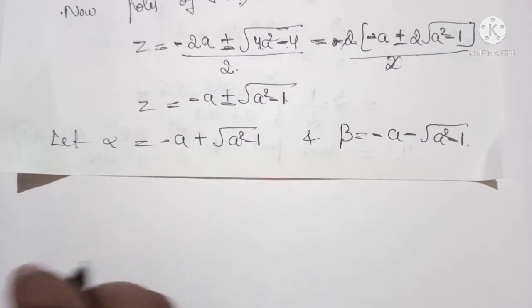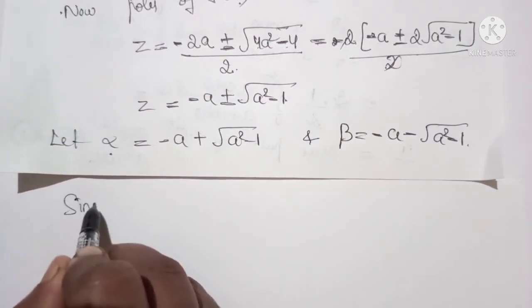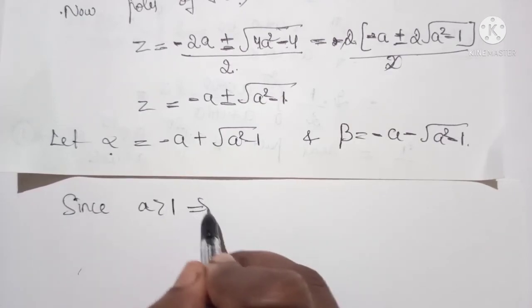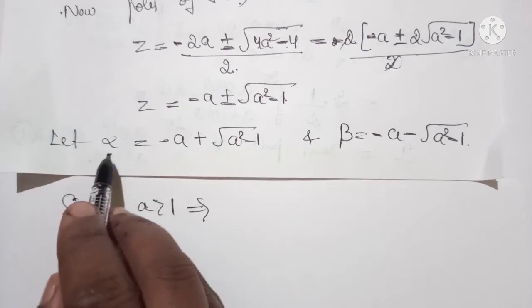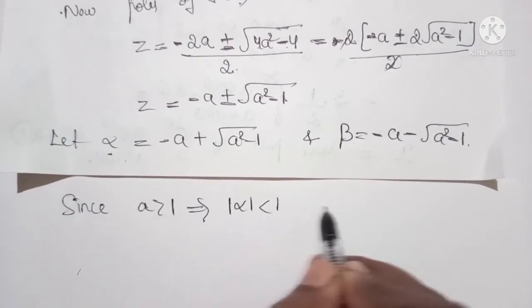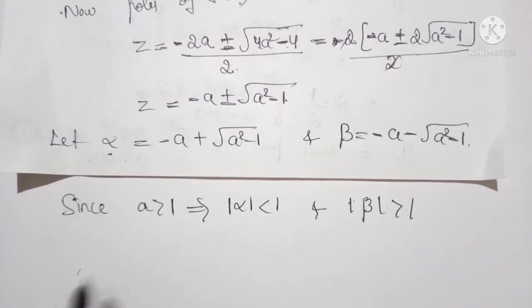Since a is greater than 1, it implies that the mod of α is less than 1 and the mod of β is greater than 1.